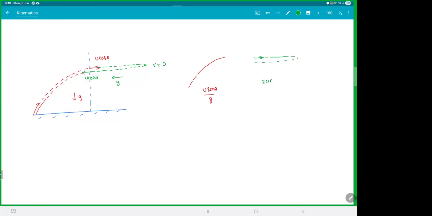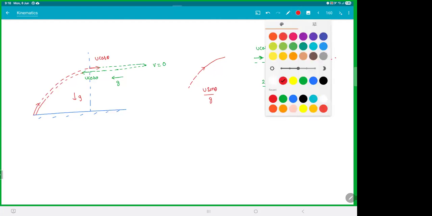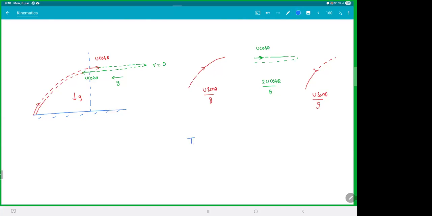This is 2u cos theta by g, because it looks like a projectile going with u cos theta. And while coming back again, the time of ascent and descent are the same. This would be again u sine theta by g. So this comes back to the same point of projection. So the time of flight will be 2u sine theta by g plus 2u cos theta by g.